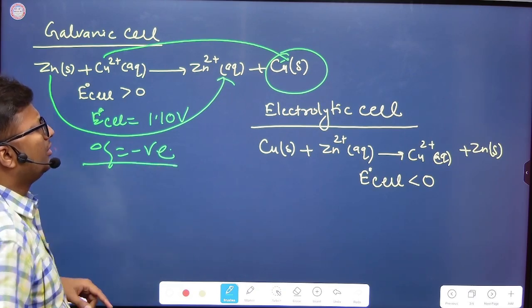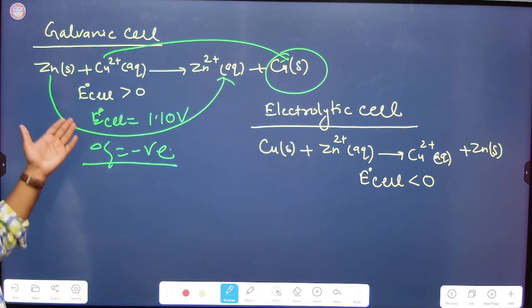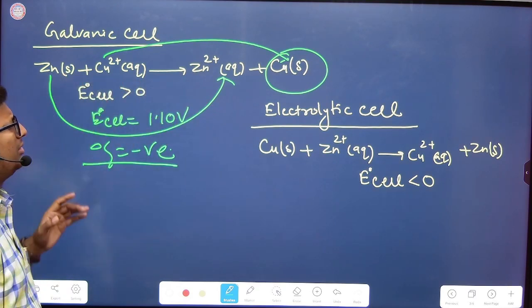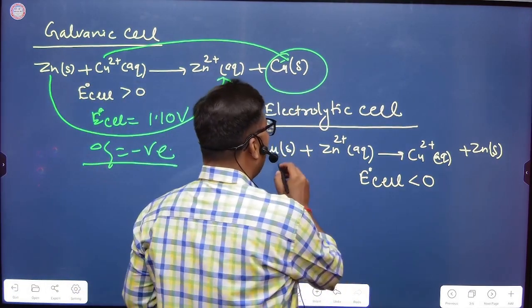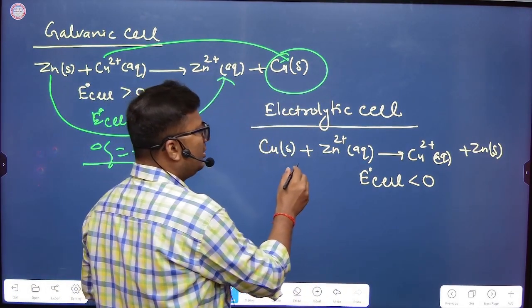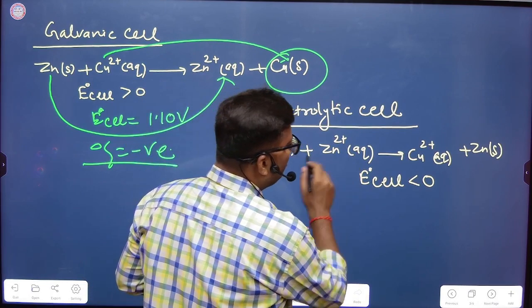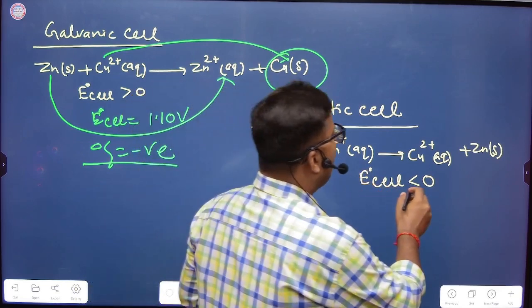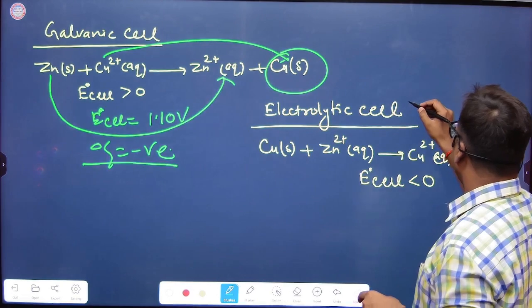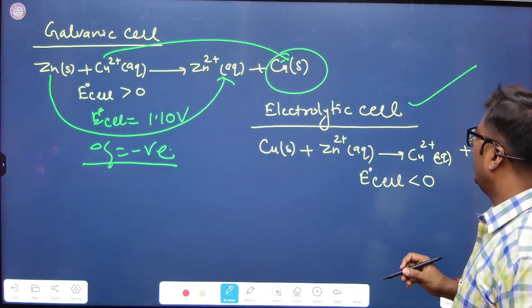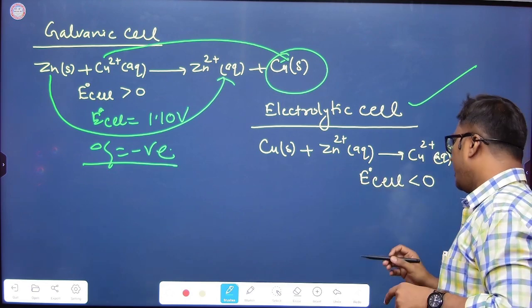But what happens if this reaction is reversed? It means then Zn2+, right? And once copper solid reacts with Zn2+ aqueous, then it forms copper 2+ aqueous and zinc solid. So this is the case of an electrolytic cell. Here what happens?